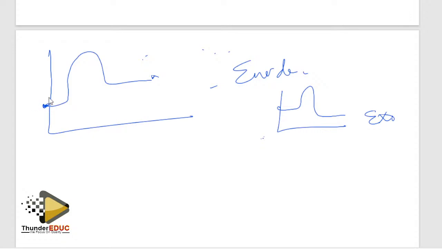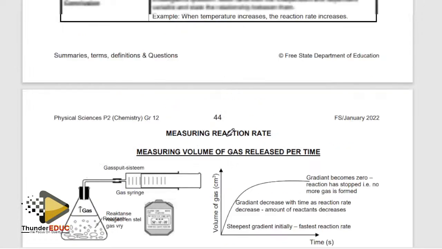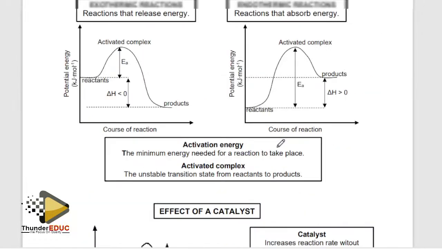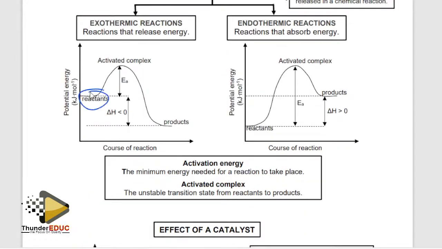Now, if this is A and this is B, what is the... Let me just use this so that I don't waste time. Yeah, if this is a reactant and this is a product, from top to bottom is exothermic, from bottom to top is endothermic. Yeah, they talked about it here.